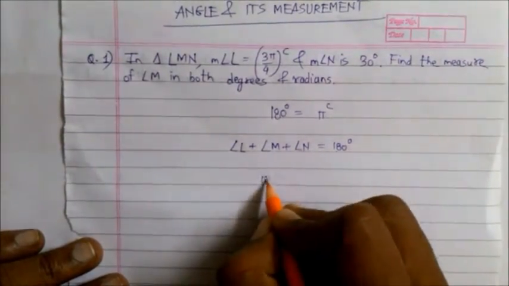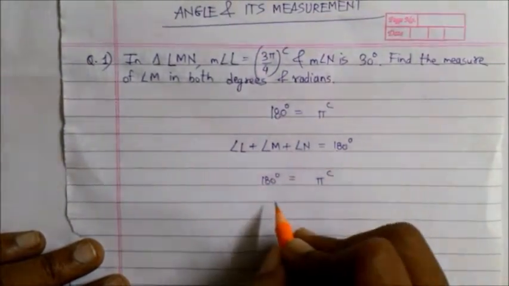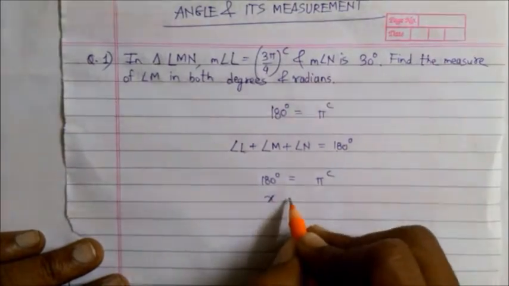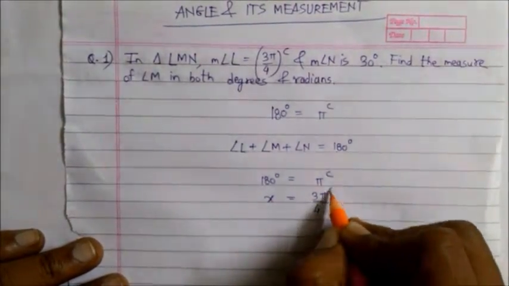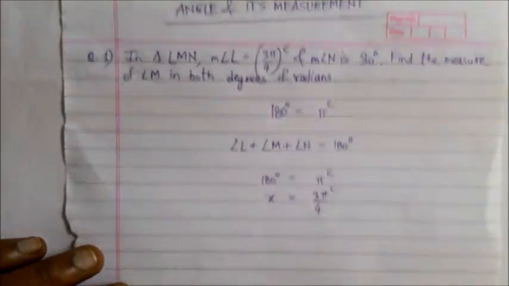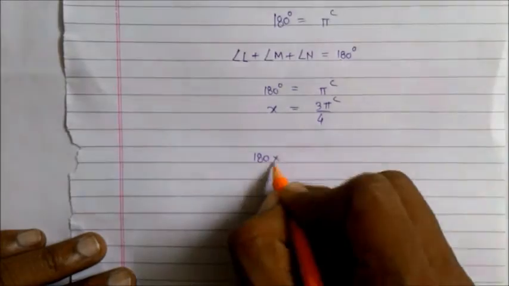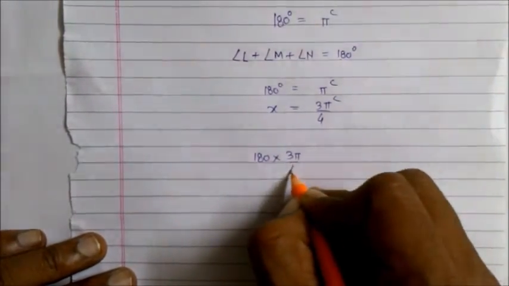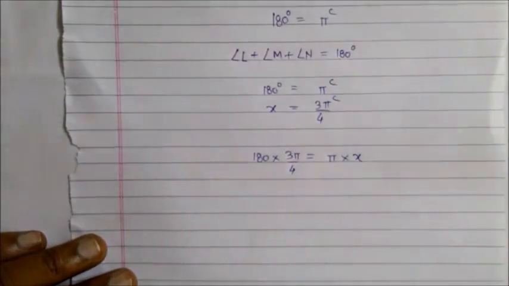So if 180 degrees is pi radians, we want to find that value in degrees whose radian equivalent is 3 pi by 4. So on cross multiplying, I will get 180 into 3 pi by 4 equal to pi into x.